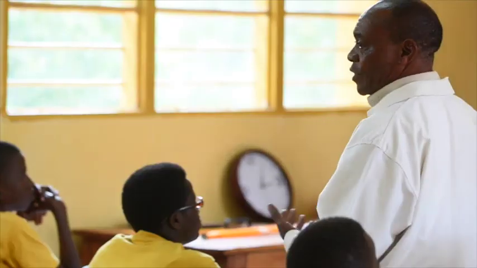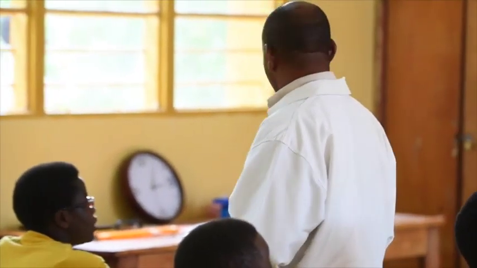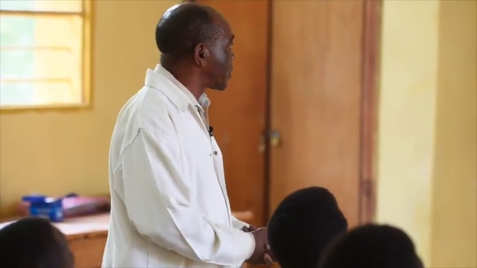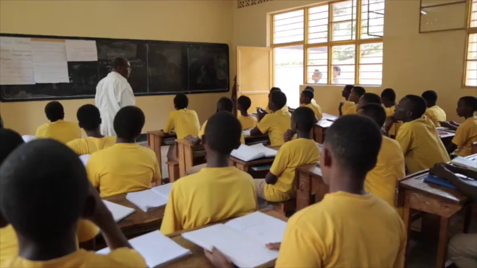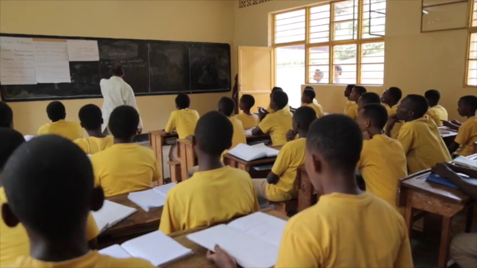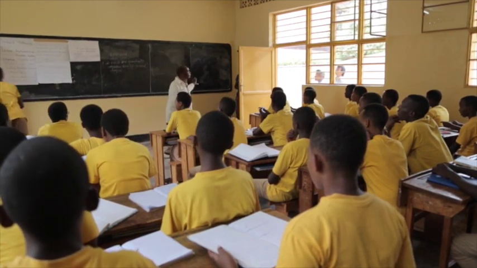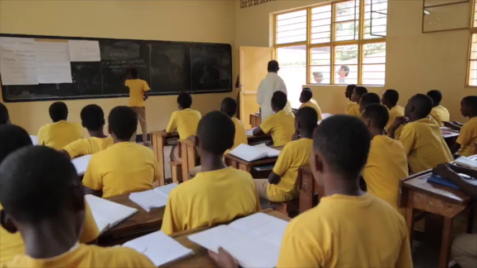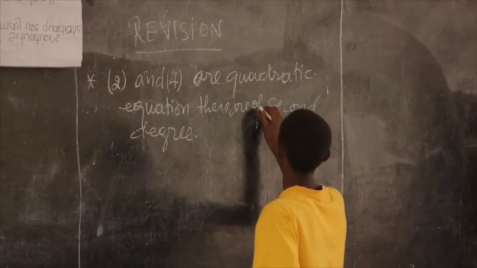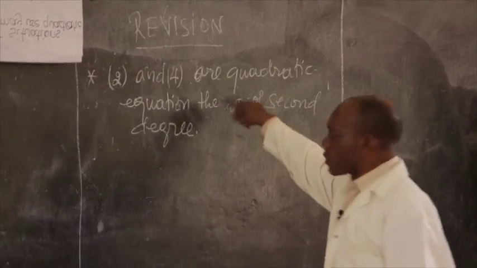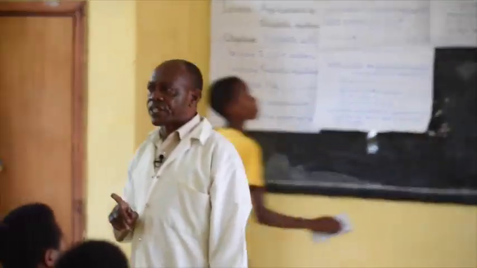Okay, what do you say about this answer? So number 2 and number 4 are quadratic equations. You could give the reason, because they are of the second degree. Yes, you can correct it here, right? They are correct because they are of the second degree.